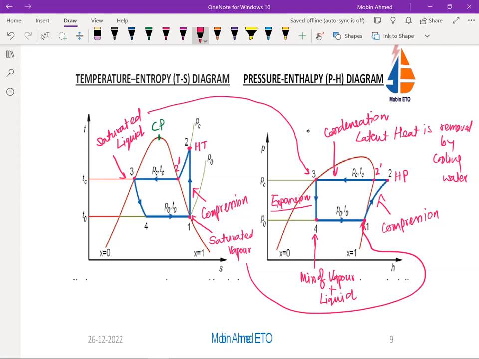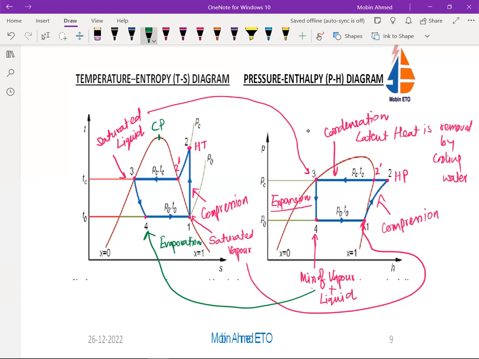Similarly here also, from here when it was saturated liquid, 100% liquid, but when it expands, this is known as a mix of vapor plus liquid. Now from 4 to 1, that is known as evaporation.